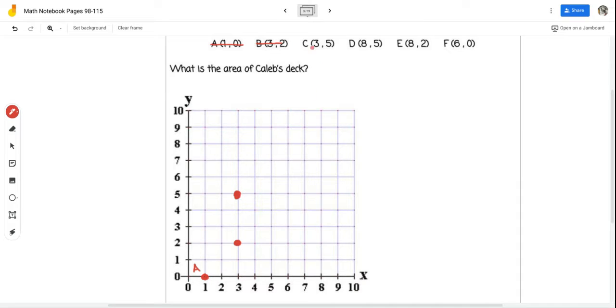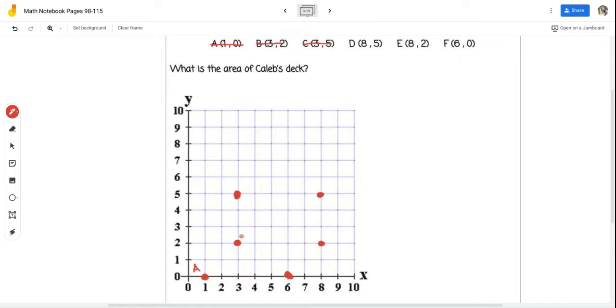There's C, 3 and 5. D is 8 and 5, so 8 on the x-axis, 5 on the y-axis. There we go. E is 8 and 2. F is 6 and 0.